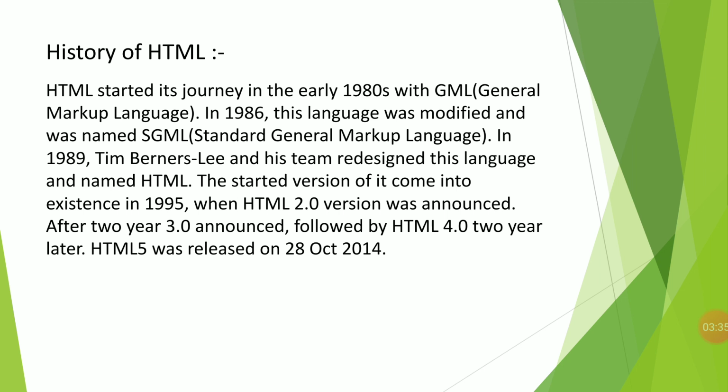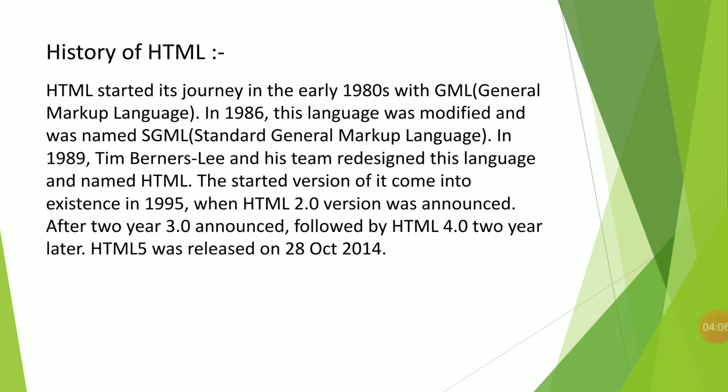After a few years, in 1989, Tim Berners-Lee and his team redesigned this language and named it HTML. It means the name HTML was introduced in 1989. The standard version of it came into existence in 1995, and that version is the 2.0 version.